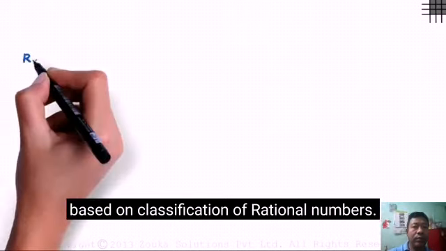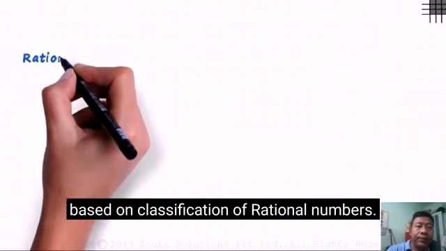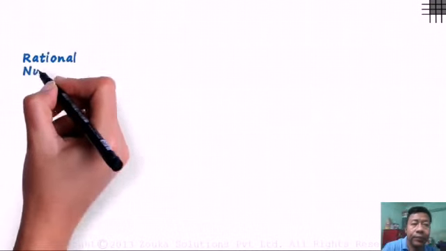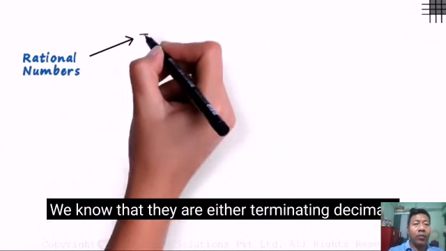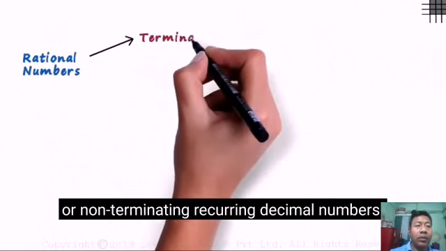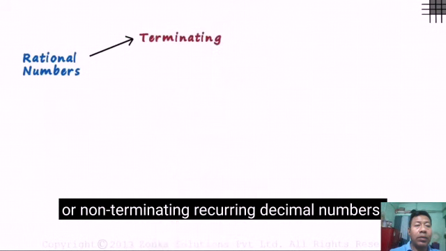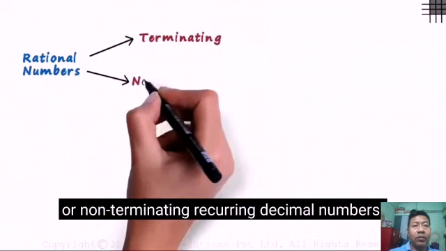This is one of the most interesting videos based on classification of rational numbers. Rational numbers are always either terminating or non-terminating recurring decimal numbers.